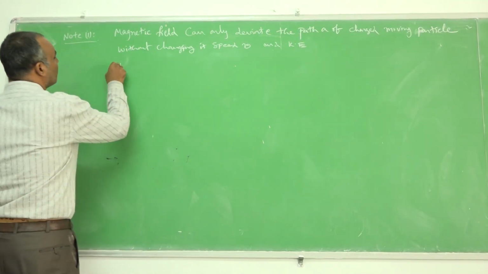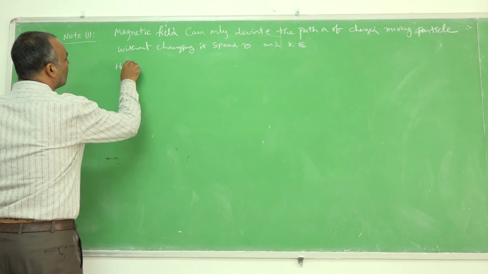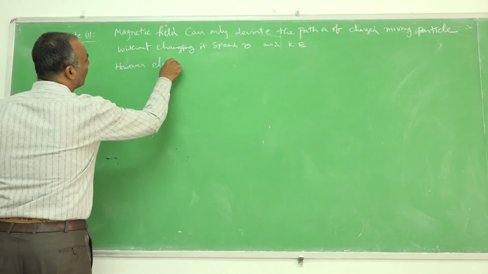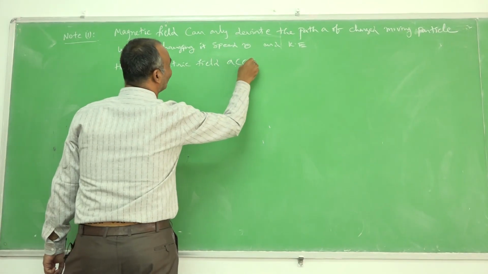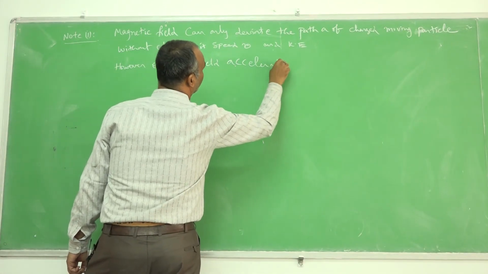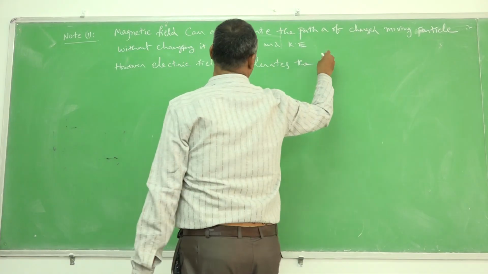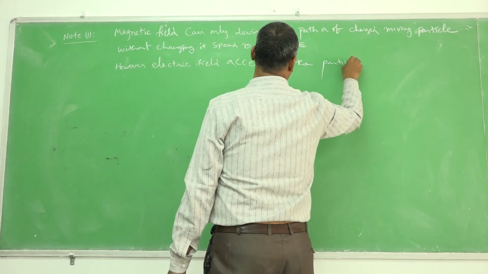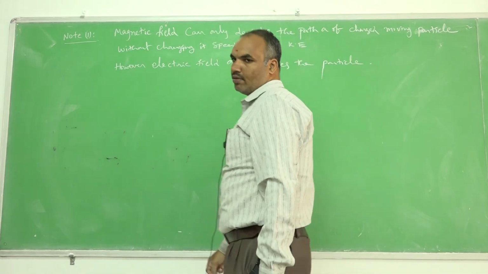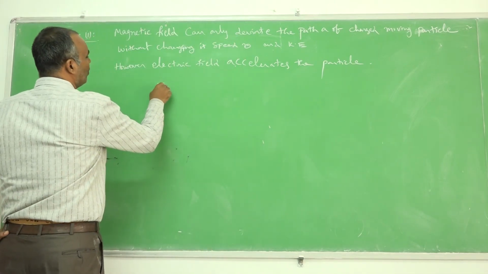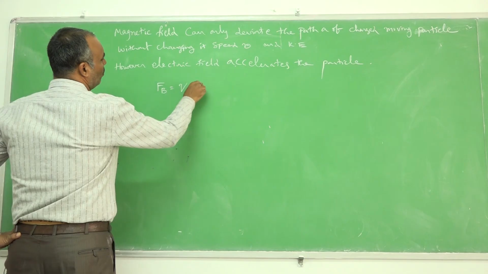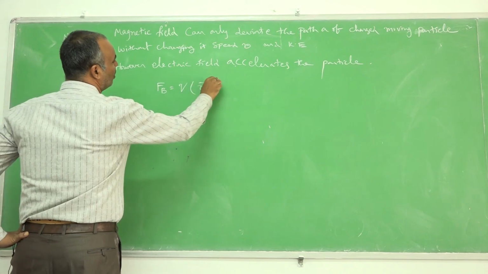However, electric field accelerates the particle. You know that force due to magnetic field is Q into V bar cross B bar.